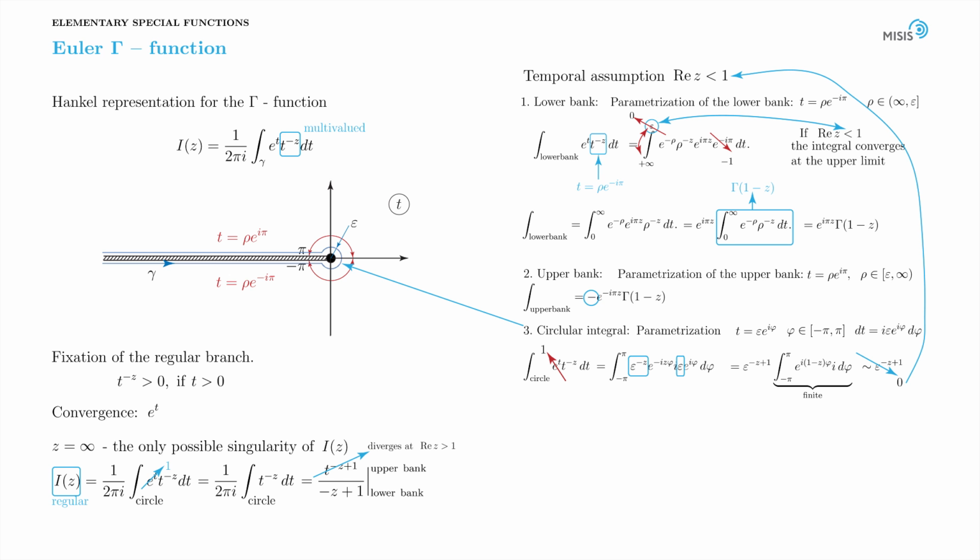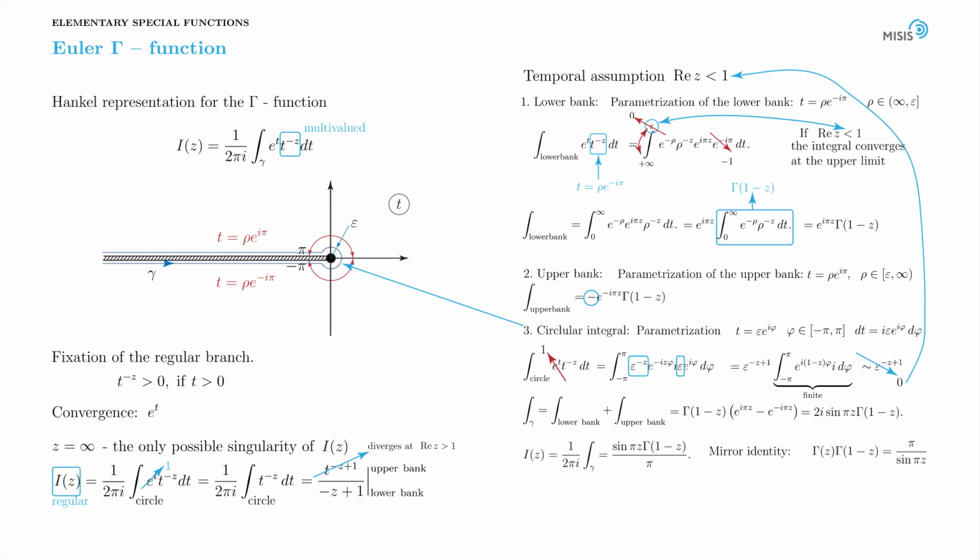So the integral along the contour is reduced to the integral along the upper bank and the lower bank. Factoring out the gamma function, we see that the expression in brackets is nothing but the sine function of pi z times 2i. Dividing by 2 pi i, we obtain the I of z function. But now we use the mirror relation.